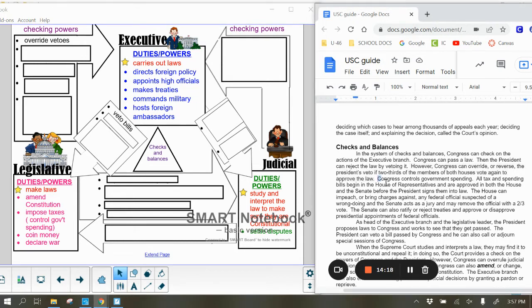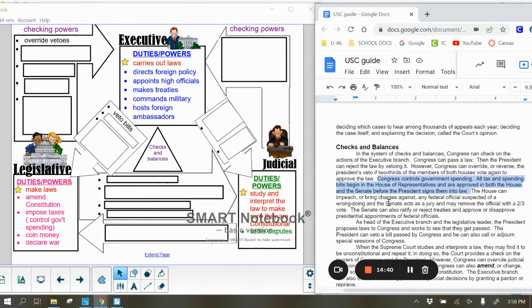So next, Congress controls government spending, which we already know. That's part over here, right? They control government spending. And all tax and spending bills begin in the House of Representatives, and they're approved both in the House and in the Senate, and the president will sign them into law.